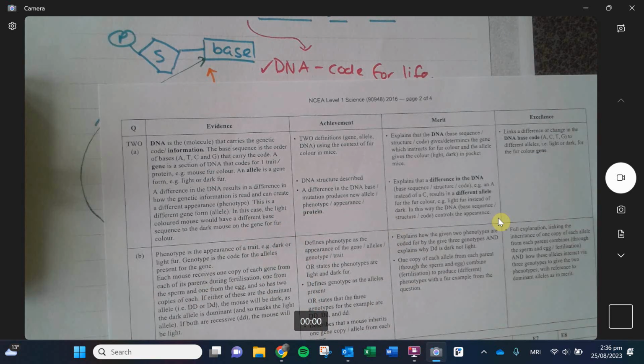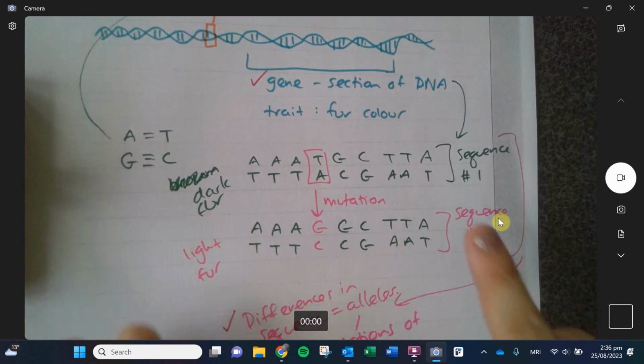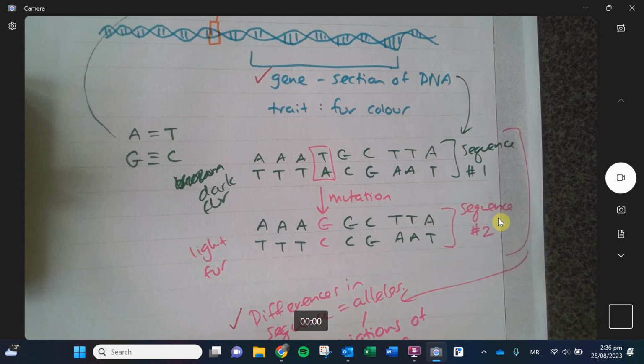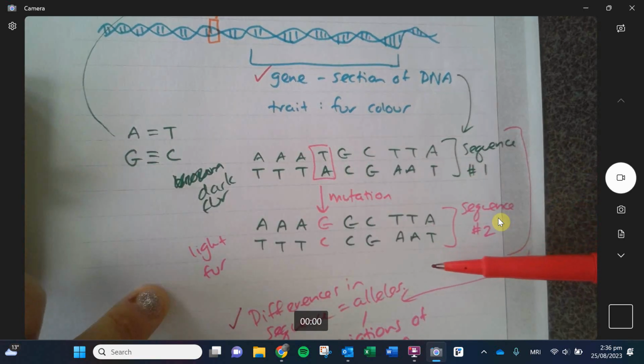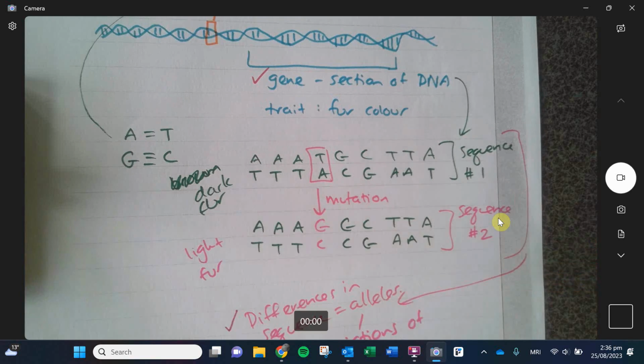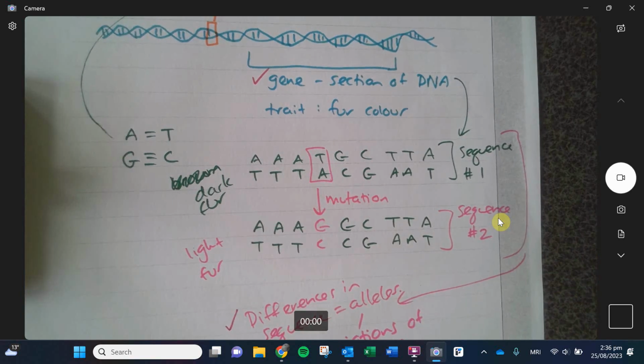All of those would be potential ways to say it. And I have shown that here. I've shown one sequence, I've shown another sequence, and I've shown that one of them is resulting in dark fur, one of them is resulting in light fur. So that's, again, another way I could get an achieved. So I do have an achieved level answer, at least.